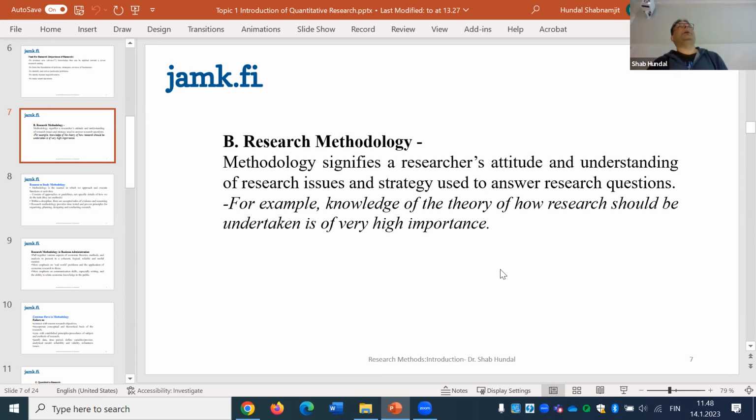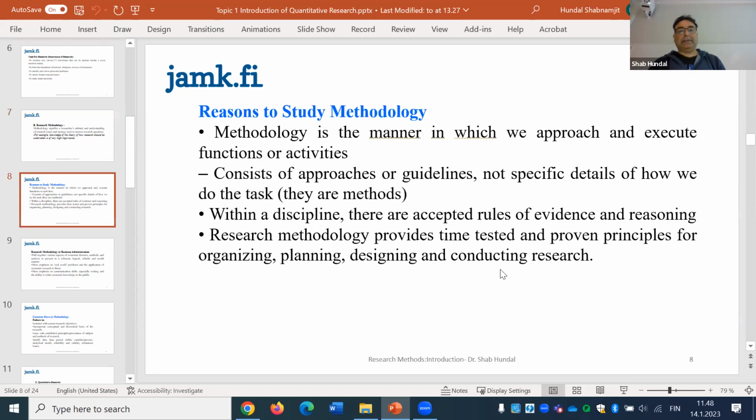It's very important to understand the difference between research methods and research methodology. Have you heard about these two phrases, research methods and research methodology?